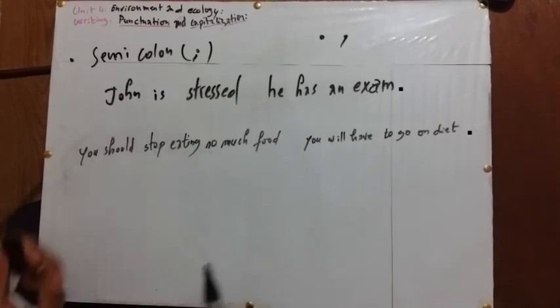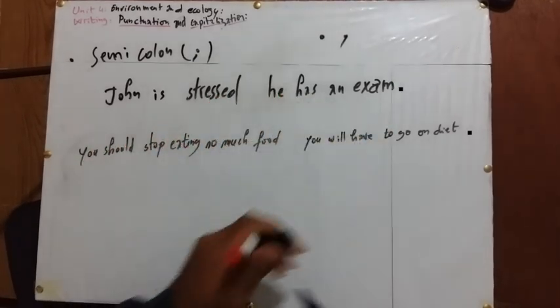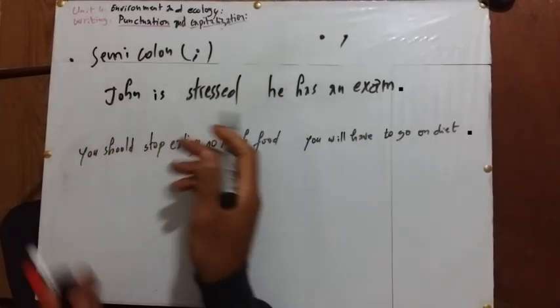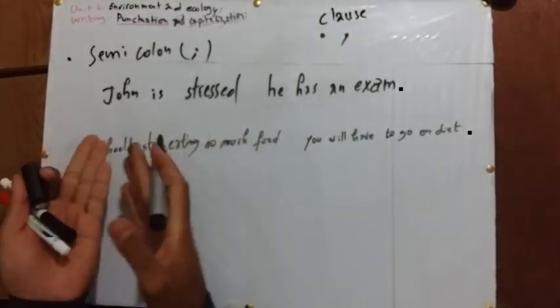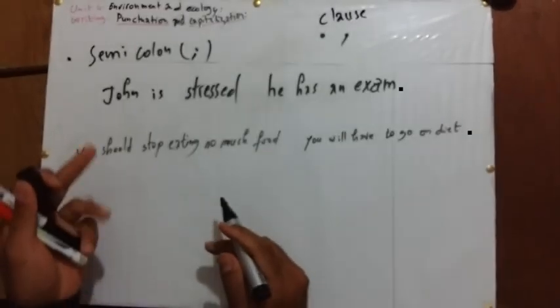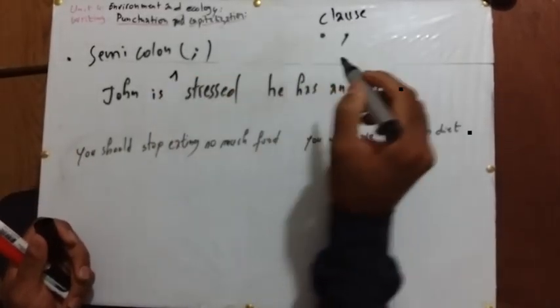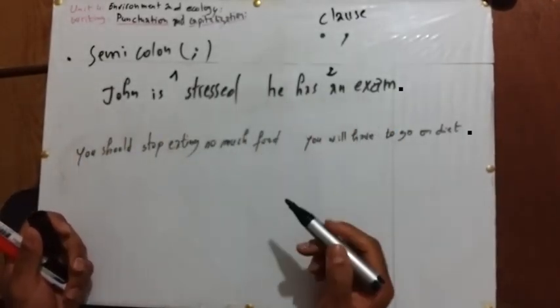The first example: John is stressed; he has an exam. So here we have two clauses. A clause means an idea, so we have two ideas. This is the first idea, and this is the second idea. John is stressed. He has an exam.